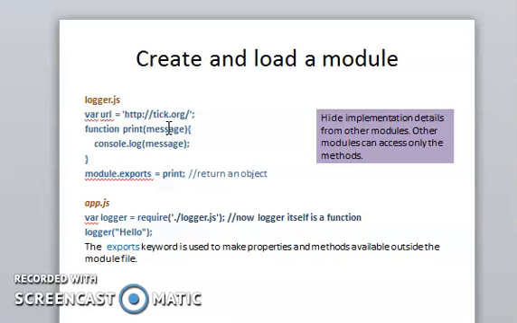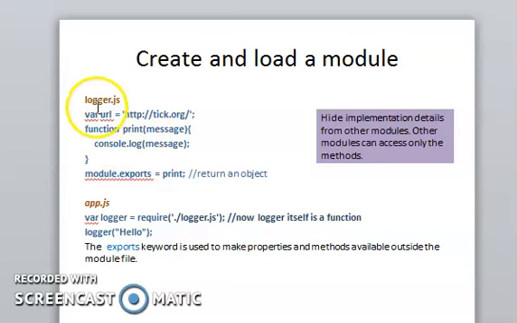That means we are repeatedly using such a function for printing a message. This message is a parameter, a value which we are passing from another Node.js application.